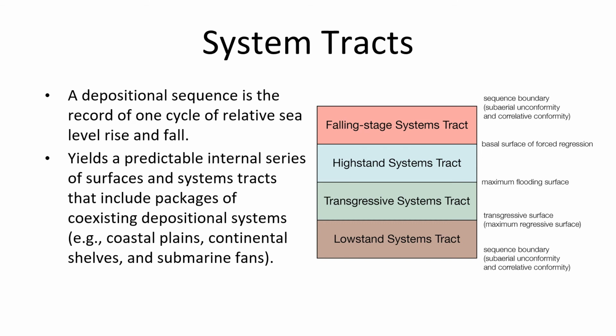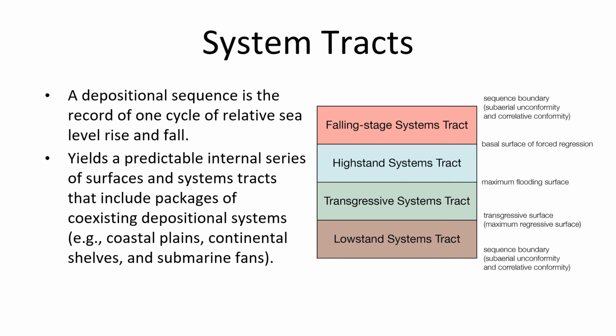Each of those stages of rising and falling and the substages within can produce predictable systems tracts and erosional surfaces. And these are really the steel girders that make up stratigraphic sequences, the systems tracts. They're made up of parasequences.